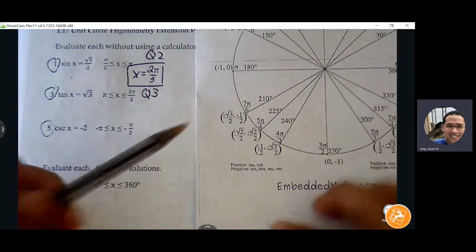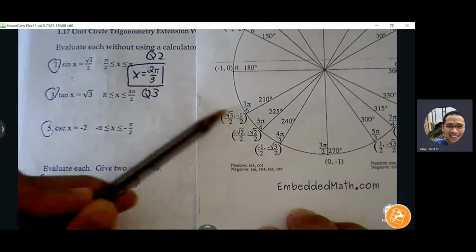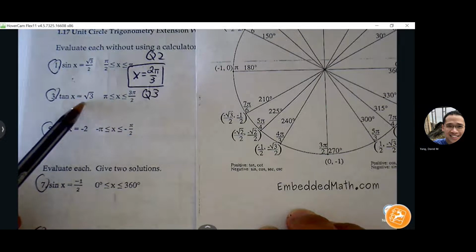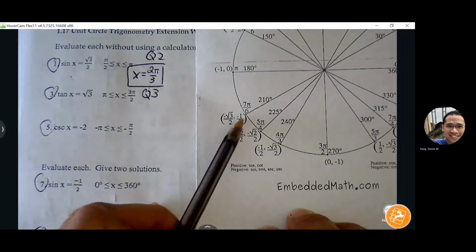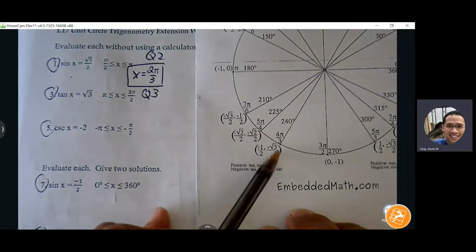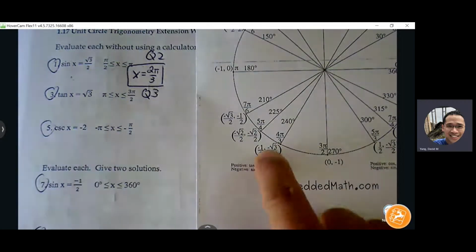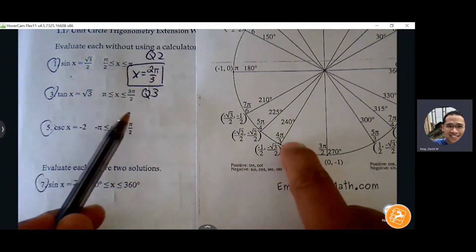So if we look at all these options, y over x, y over x, y over x, which one of these will produce root 3? 4 pi over 3, right? Because if I cover up the 2's here, I get negative root 3 over negative 1, which reduces to positive root 3. So we know that the angle where this ratio occurs is 4 pi over 3.